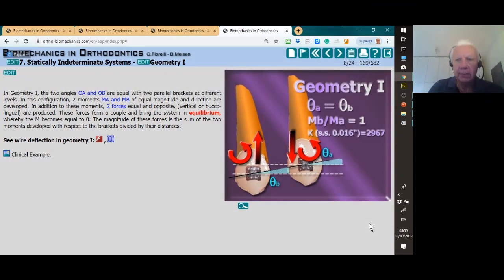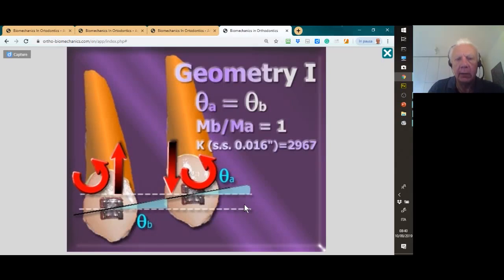Here we have geometry 1. In geometry 1, we have two equal moments, and these two moments make it so that we have the same ratio between the angles, which is 1, and the same ratio between the moments, which is 1.